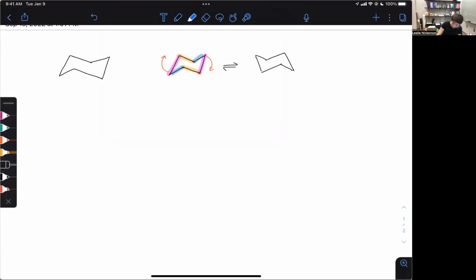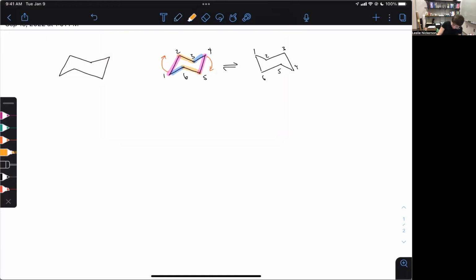And the same thing over here, where let me add some numbers. So 1 is now up here, 2, 3, 4, 5, 6.